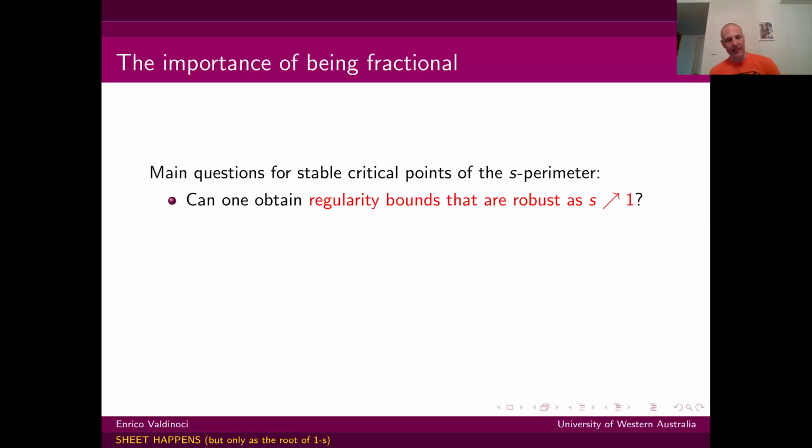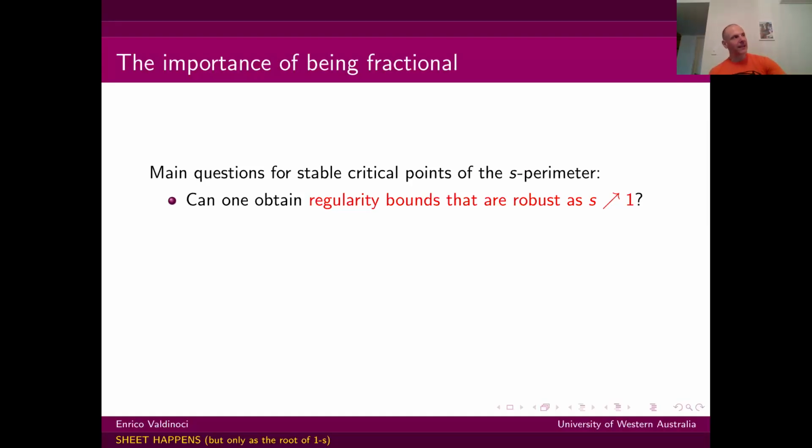This was obtained with Serena Di Piero, Ardi Chan, and Joachim Serra. The main questions after these examples are: can one obtain regularity bounds that are robust as s goes to 1?